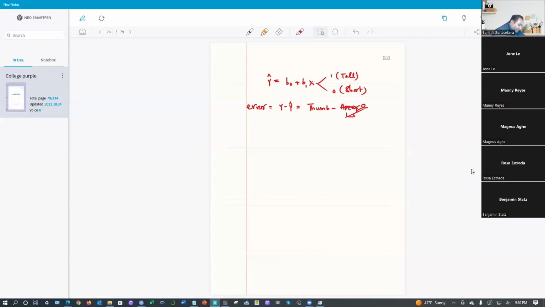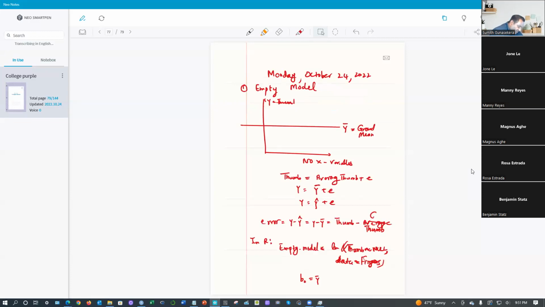It's called the group average this time. You have to be careful, not the grand average. We subtract from their own group mean. Last time we had a grand average and subtracted grand average thumb.